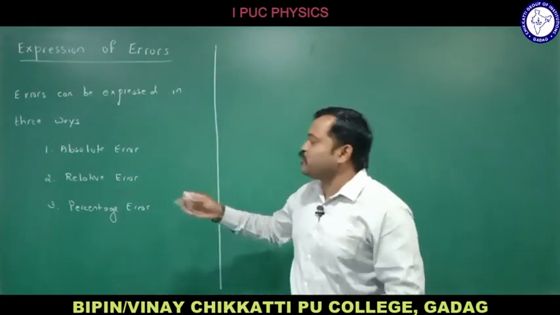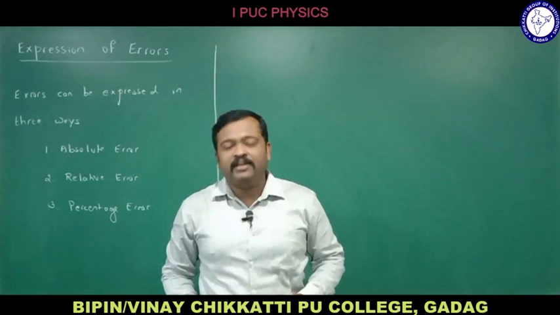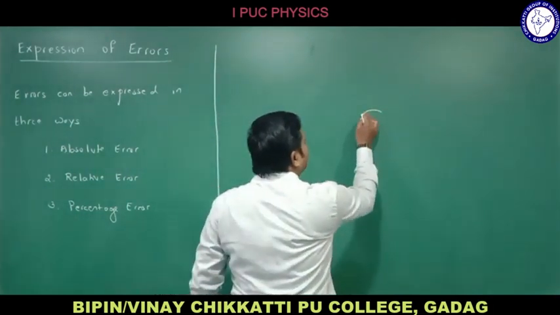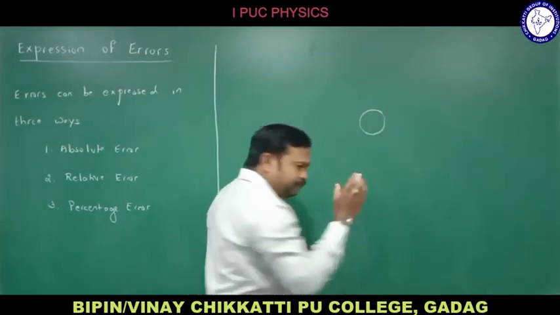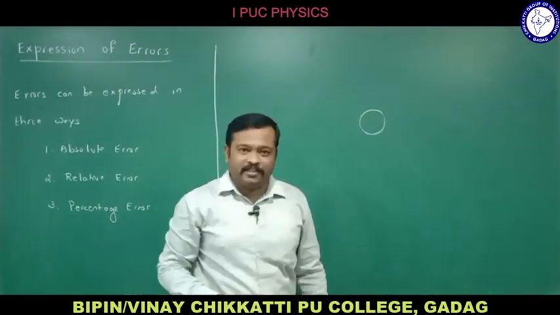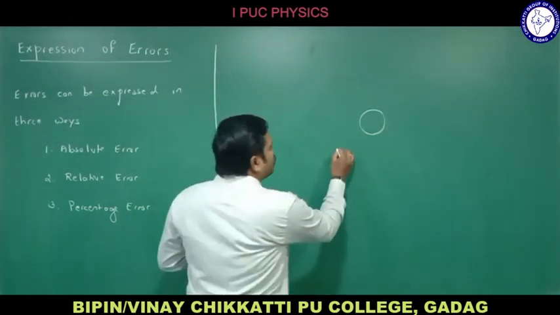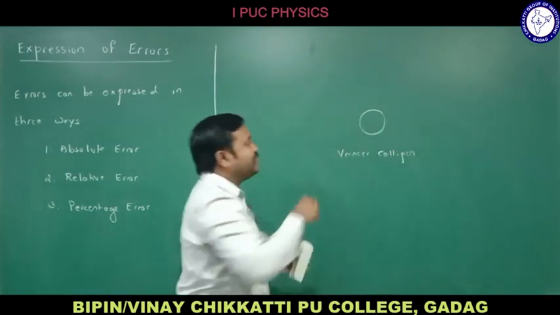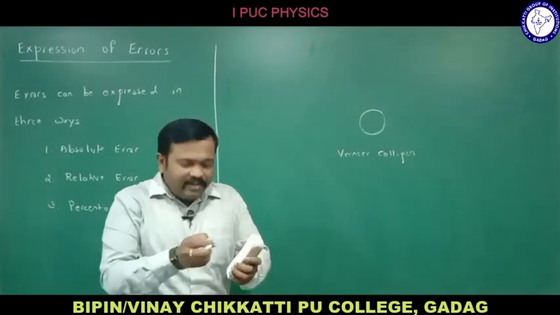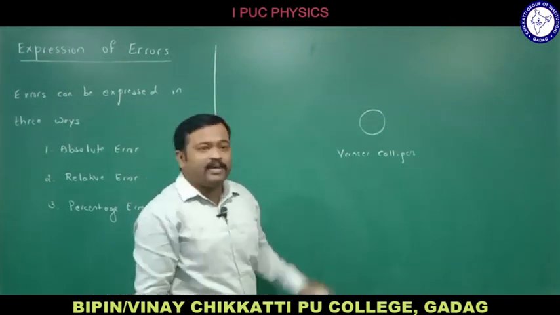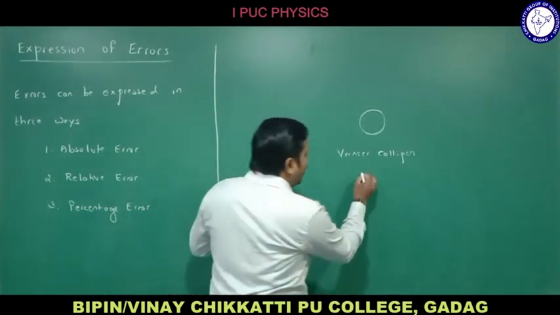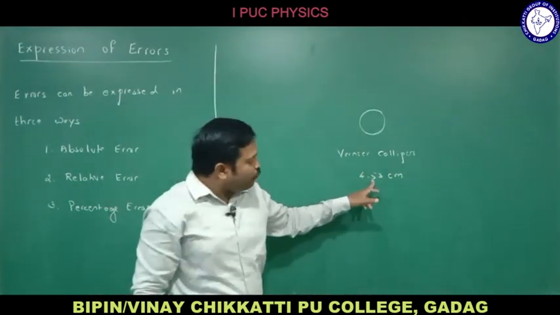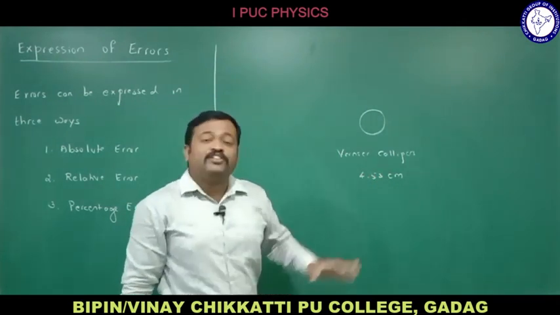Before I go with the expression of errors, let us understand one thing. For example, if I need to calculate the diameter of a sphere, I will be using vernier calipers. When I measure the diameter of the sphere, the first time I got 4.53 centimeter, for the first trial.